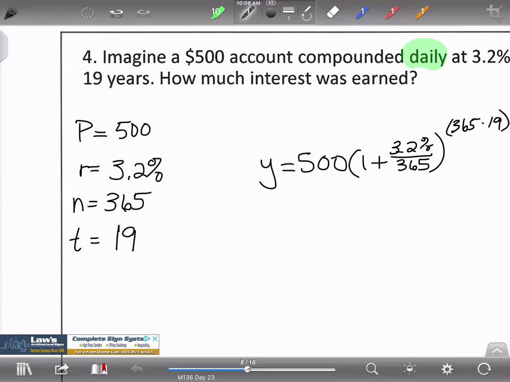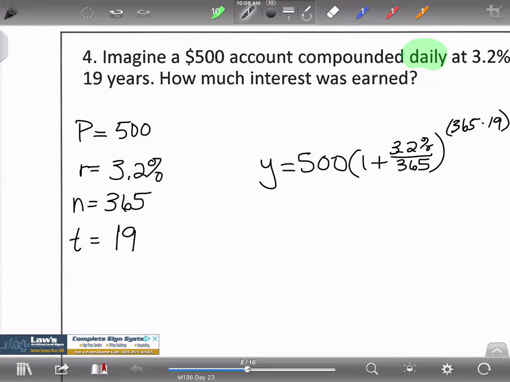So our equation is going to be 500 and then in parentheses 1 plus 3.2% divided by 365. Our exponent is the number of times it's compounded times the number of years, 365 times 19.